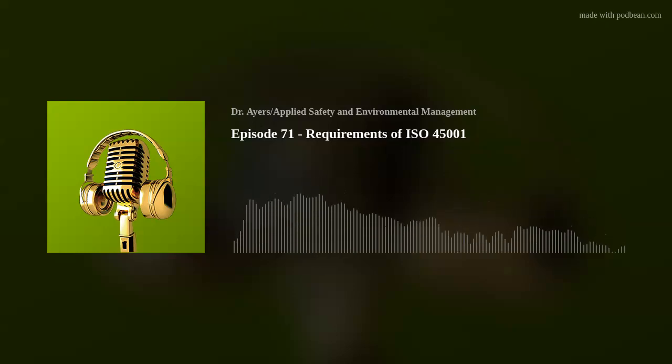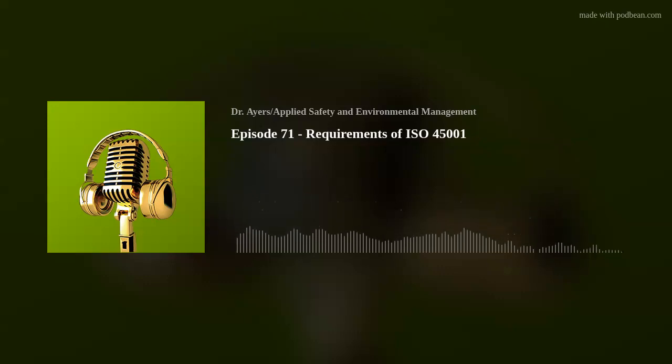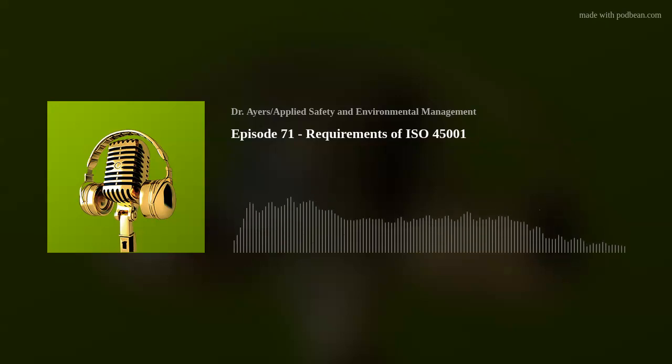Section 7 is all about support. This is where we look at the resources, the training, competency, and communication channels. Do you have a document control system? Really, what's needed to make an effective operation of the management system? When we look at resources, of course, that also means money, time, and effort.